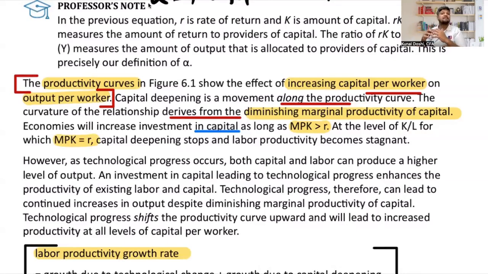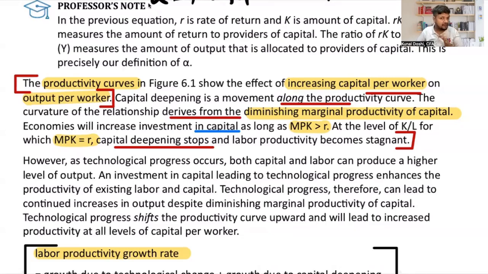Beyond this, if I put more capital, my capital deepening will not benefit. It will stop. It will stop means what? The benefit of putting more capital disappears. So the conclusion is that I will not put more capital beyond a point where my MPK is less than R.